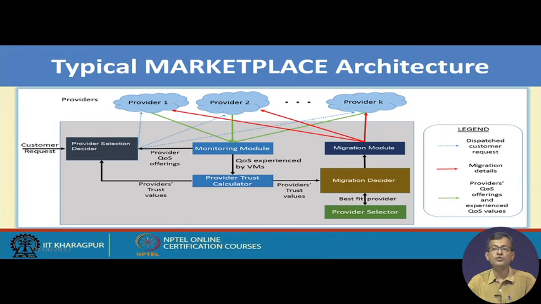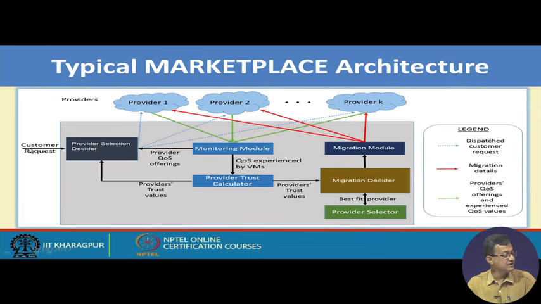So, if we look at a typical marketplace architecture, there can be several components, right. One is a set of providers, like provider 1, 2, 3, P1, P2, P3, Pk. There are components like the major black box, maybe the provider selection decider, right.